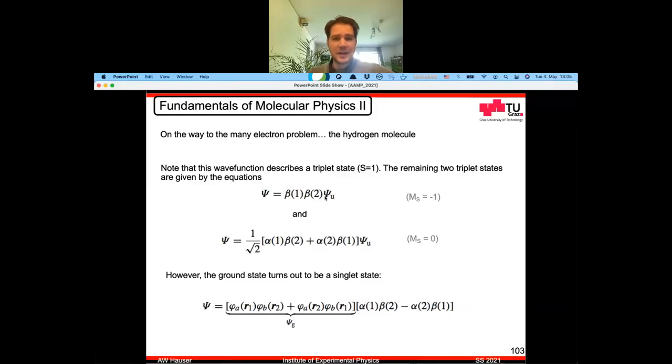This would be the state that corresponds to our orientational quantum number ms equals -1. The one with both up would be ms equal 1.